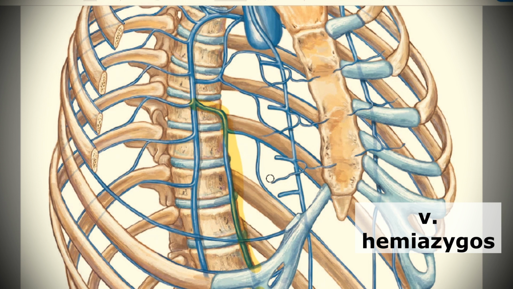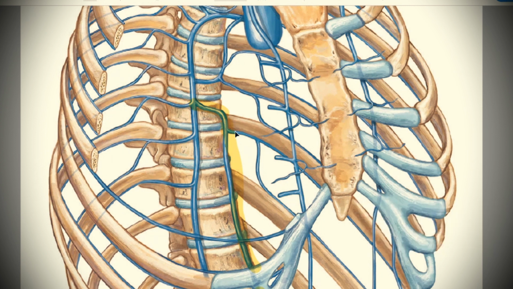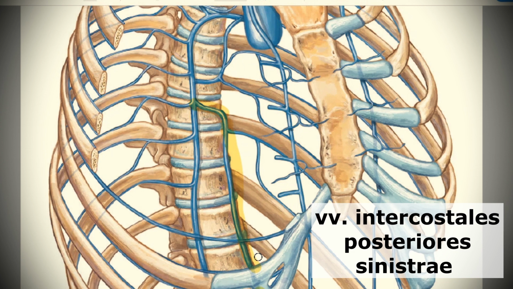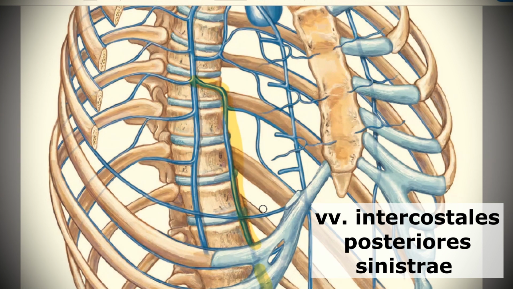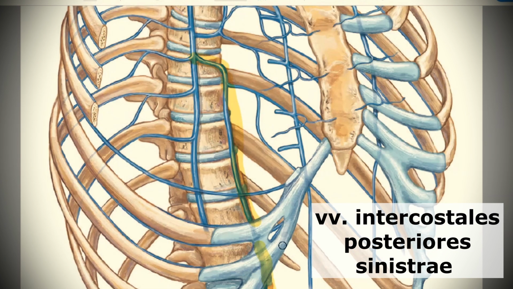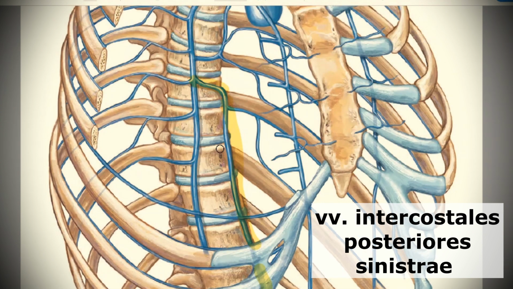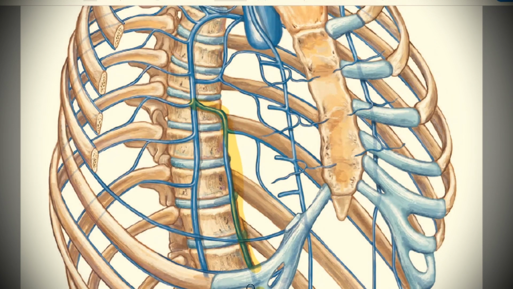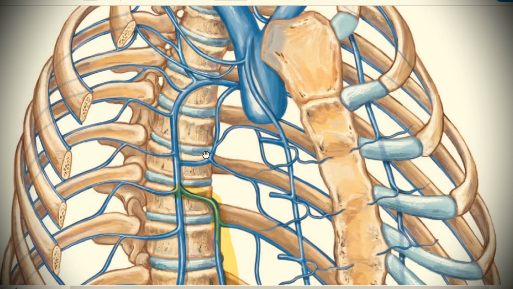It has the same tributaries, but left ones. It has the left posterior intercostal veins, but not all, from about the 6th till the 11th inferior, and also vena esophagealis, bronchialis, mediastinalis. But what about the superior ones? We have one more vessel.